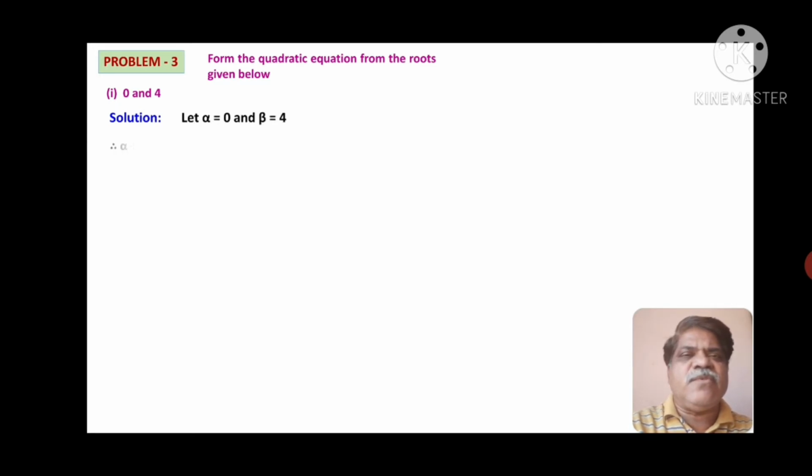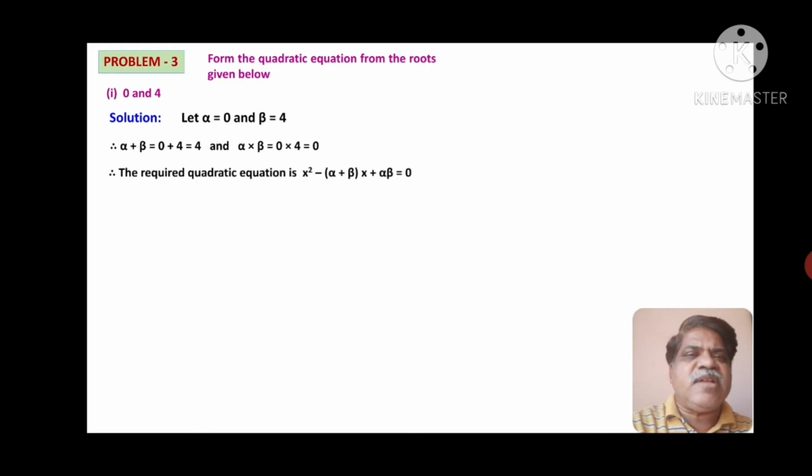Number 3, as number 2 is already discussed. From the roots given below, we have to form the quadratic equation. The roots are 0 and 4. Solution: let alpha is equal to 0 and beta is equal to 4. Therefore, alpha plus beta is equal to 0 plus 4, which is equal to 4, and alpha into beta is equal to 0 into 4, that is 0.